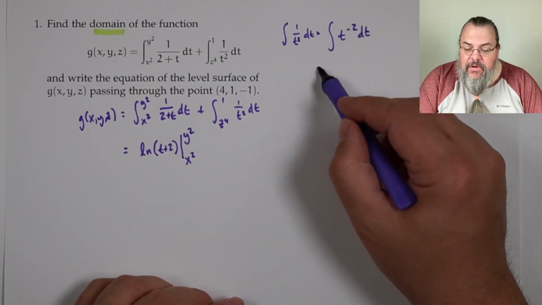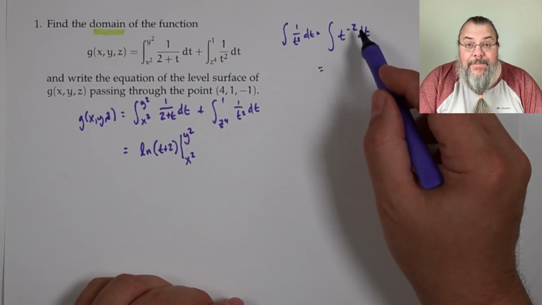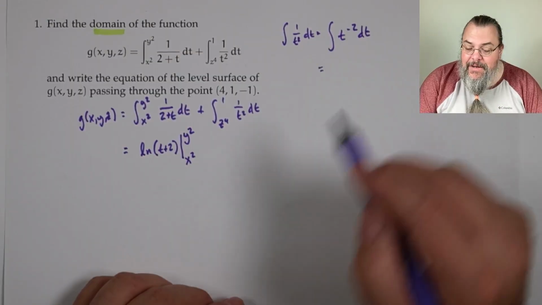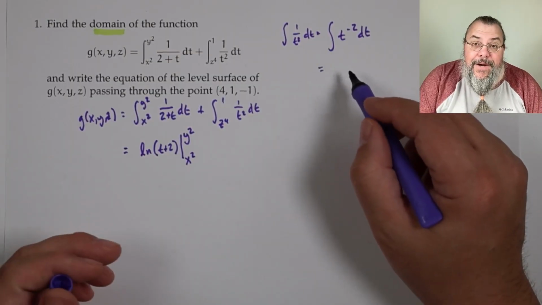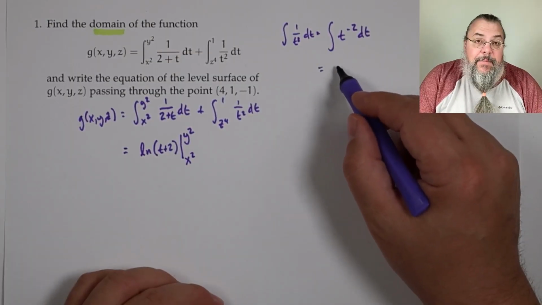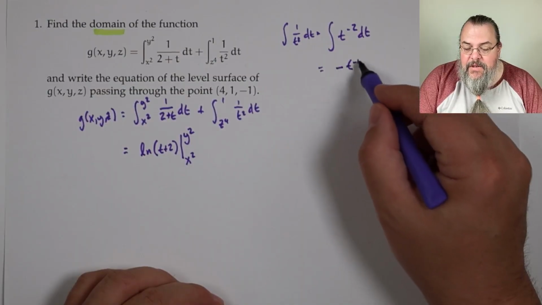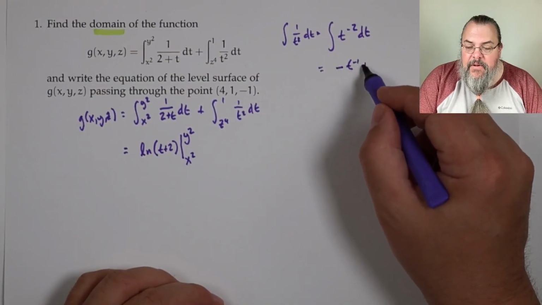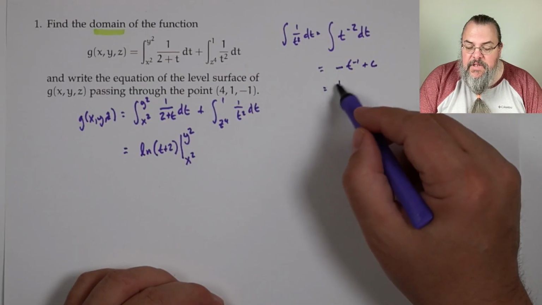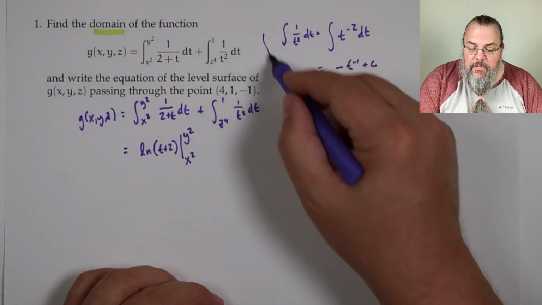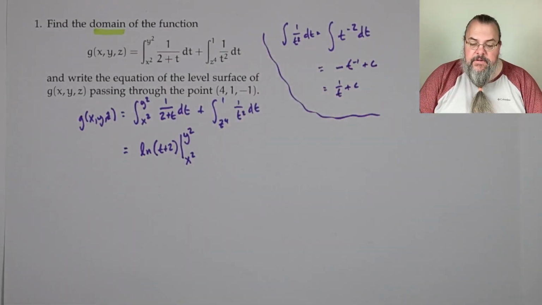And so the rule says, add 1 to the exponent, giving us t to the minus 1, and then you divide by that minus 1. And dividing by minus 1 is the same as multiplying by minus 1. So you get minus t to the minus 1 plus c, or we get minus 1 over t plus c. So we can handle that kind of integral.